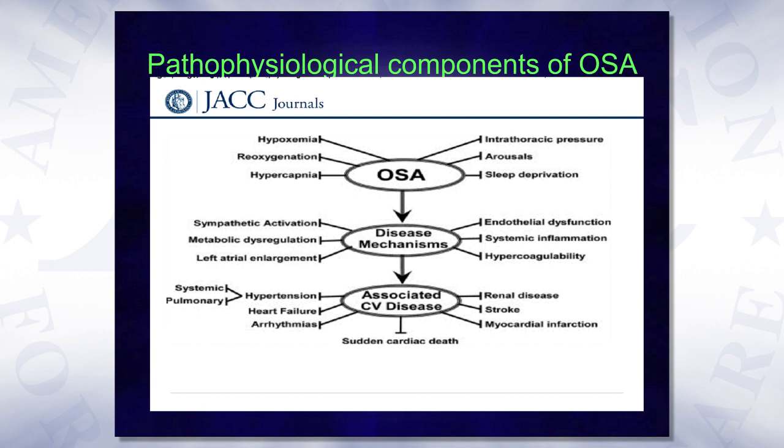CO2 is retained, and that disrupts the normal autonomic and hemodynamic response to sleep. The patient wakes up. The apneas occur repeatedly through the night, and they're accompanied by the chemoreflex mediator, and that causes sympathetic reflex activity to the blood vessels, causing that constriction again.